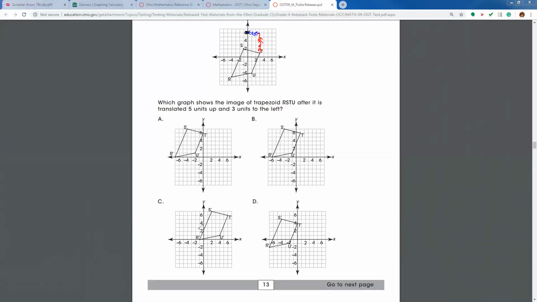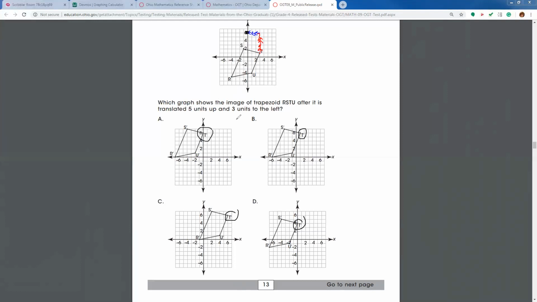So C doesn't have T in the right space. We're looking only at point T right now. Which one has point T at the spot where we ended up? A. Good. Answer choice A has it in the spot where we ended up.